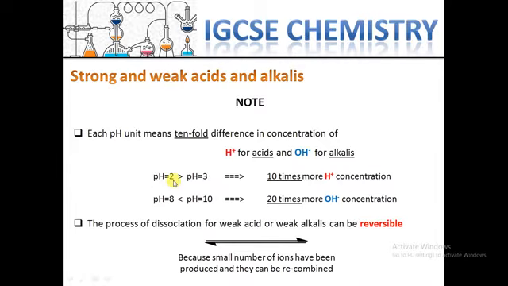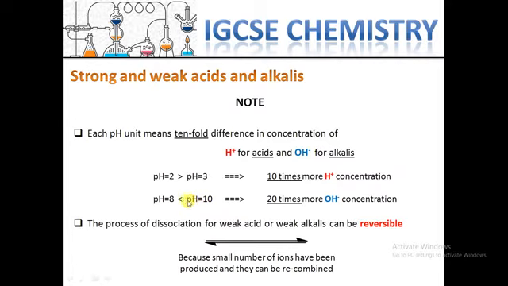Another meaning we can get from this is that pH 2 has 10 times more hydrogen concentration. Only one unit lower, but pH 2 has 10 times more hydrogen concentration.